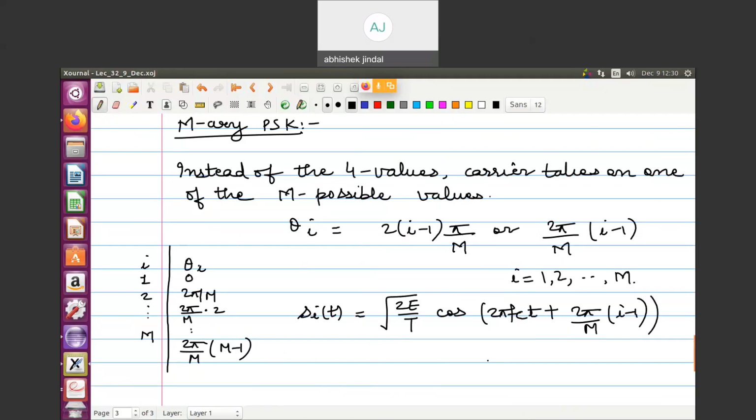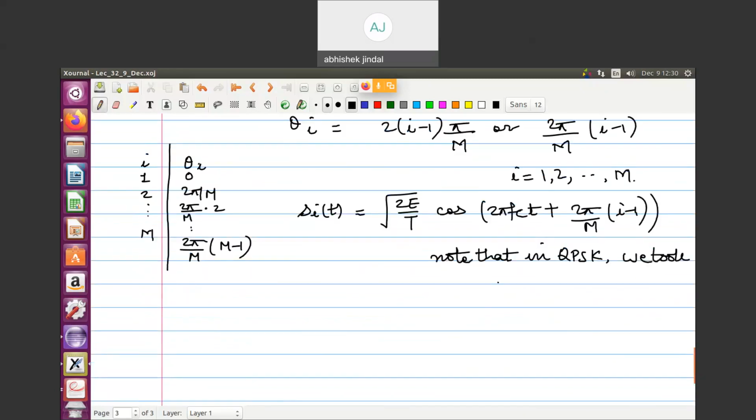Okay. Note that in QPSK we took theta i differently; there is a difference.